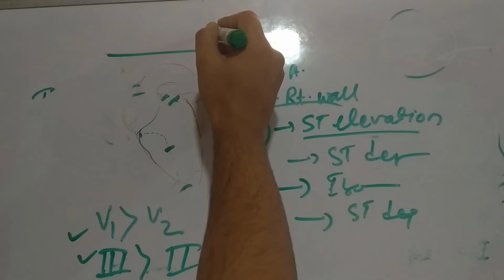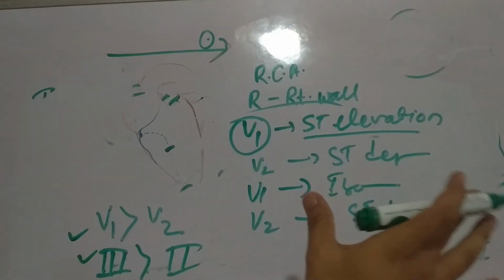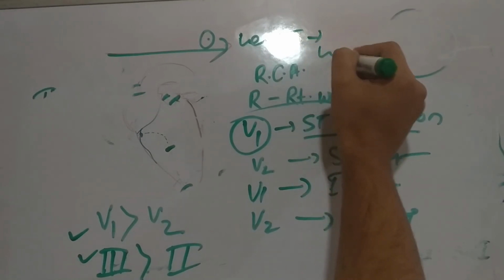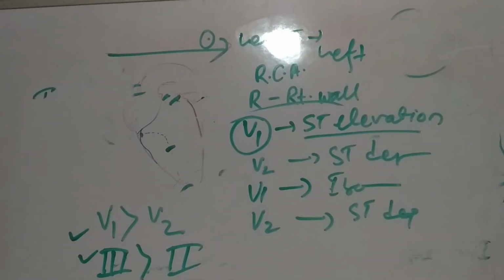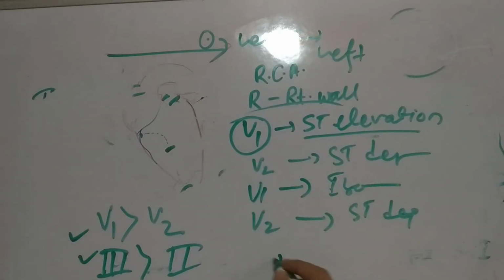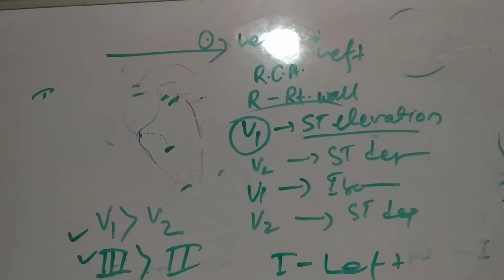lead 1 is basically in this direction. Suppose the pathology is on the left side, as we have already discussed, lead 1 is for the left side, isn't it? However, if the pathology is on the right side, then the deflection in lead 1 will be negative, because of the reciprocal relationship.